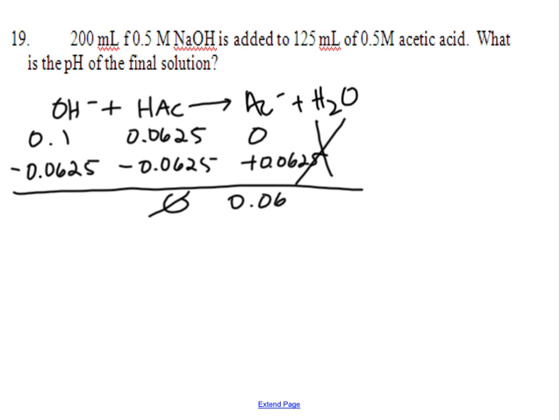I do the one I can do the mental math easier first. And then what's 0.1 minus that? 0.03. And again, what are the units on everything in this little table? Moles. Okay. So what's left over?